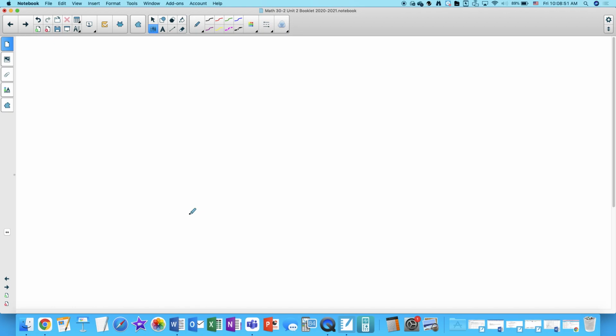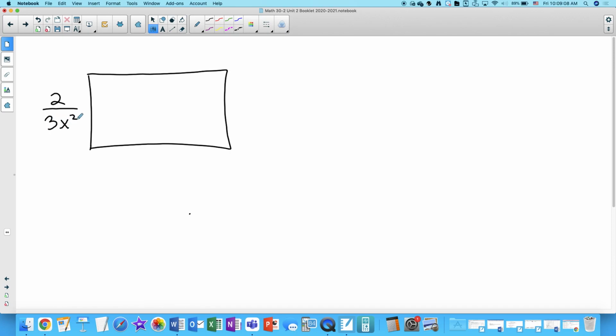For example, if I gave you a rectangle and I said the width is 2 over 3x squared, and the length is 1 over 9x. So what I'm doing is looking at rational expression dimensions of a rectangle.